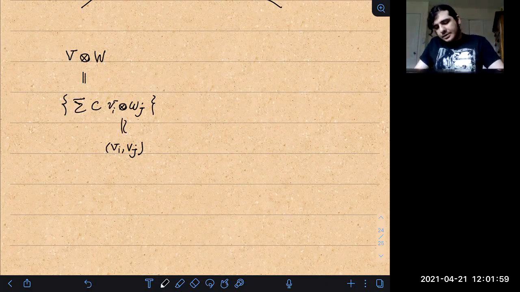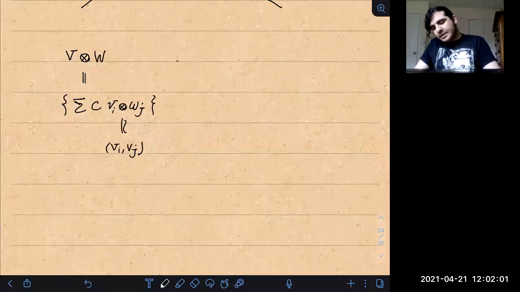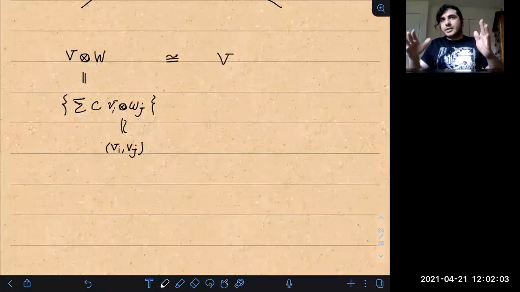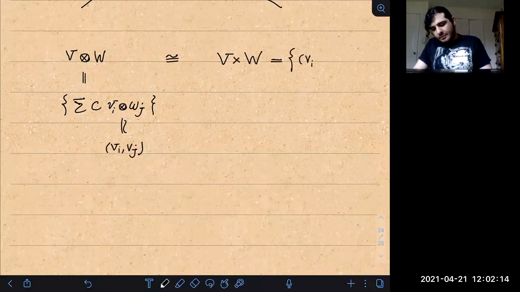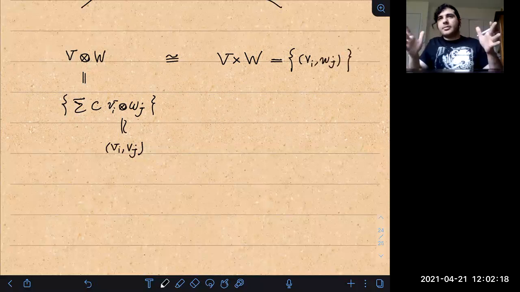And so this is kind of like V times W, because V times W, by definition, is the pair of elements Vi, Wj, and also all their linear combinations. But the difference is those three rules I mentioned.